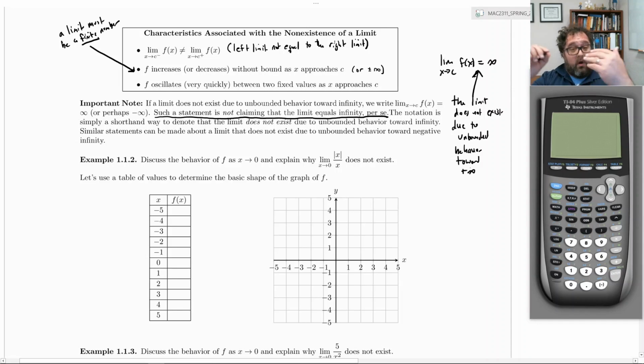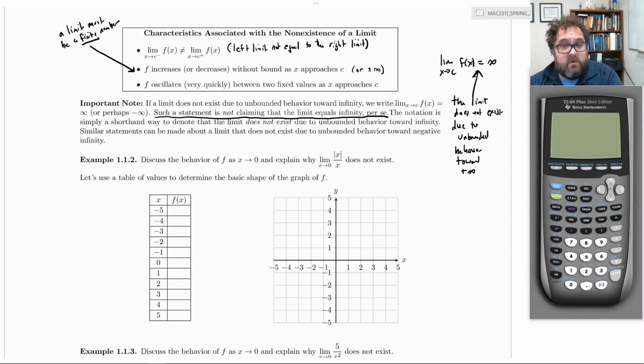So we will oftentimes say a limit equals infinity or equals negative infinity, but that's not claiming that the limit exists. It's just a notational thing that says the limit does not exist, in fact, due to unbounded behavior.